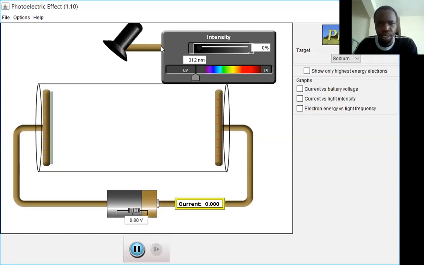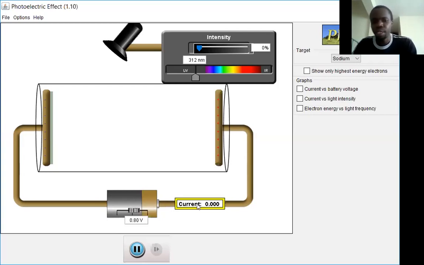So let's begin with the intensity. As you can see, there is the intensity here. The wavelength can be adjusted there. Then we have the two plates, the metal plate where the radiations fall on. Then we have the source of power, the voltage supply here.